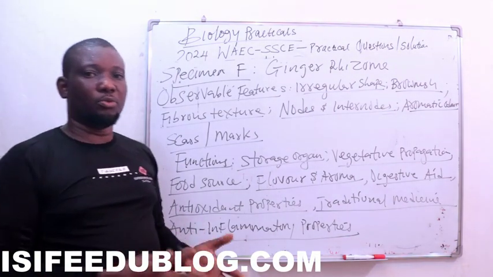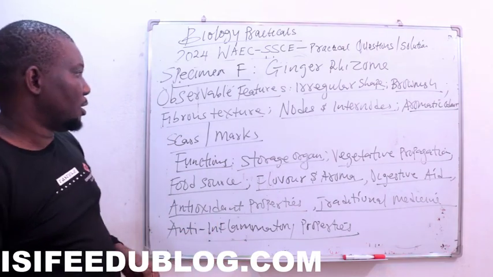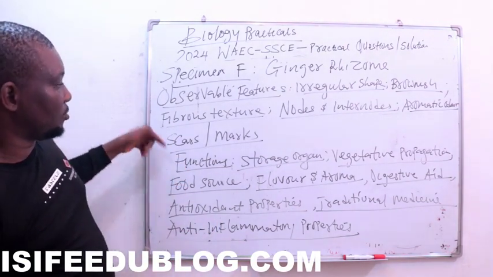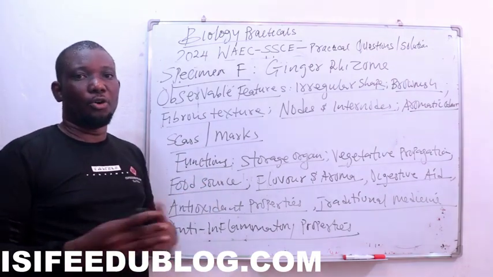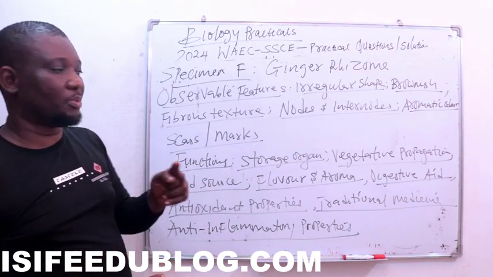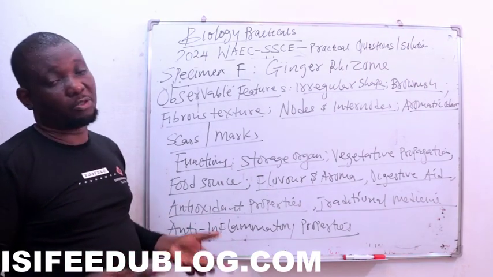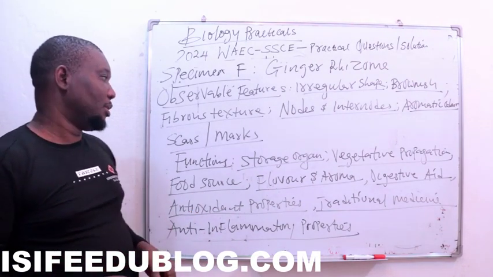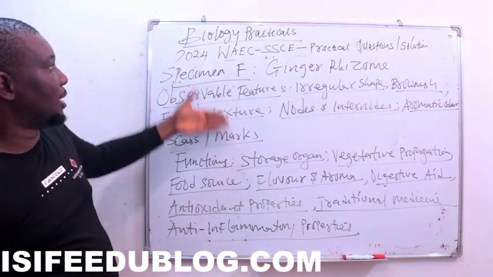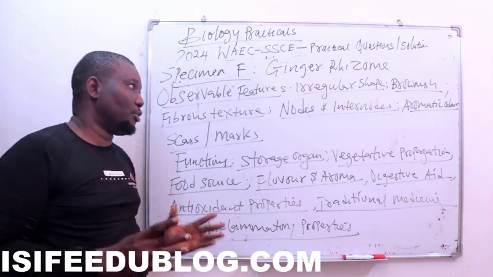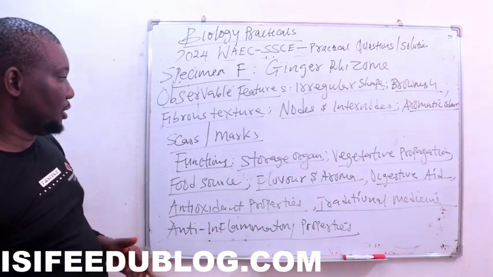Some do like it, some do not like the odor of ginger. You also notice some natural scars and marks all over this specimen. So these are the things that are structurally observed when we are dealing with ginger in that exam.